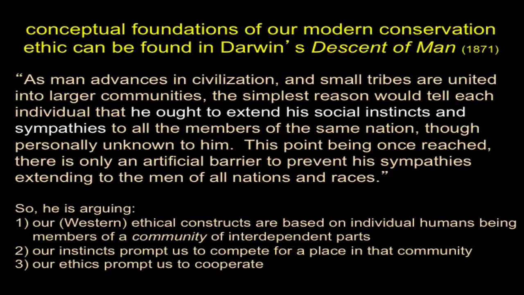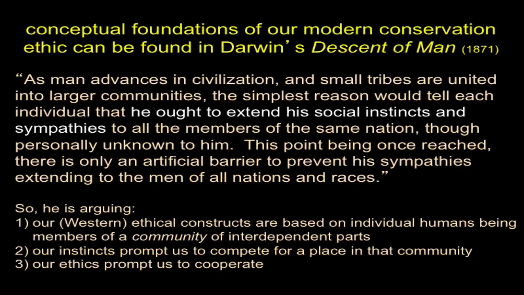But here's where Darwin says, as man advances in civilization and small tribes are united into larger communities, the simplest reason would tell each individual that he, because of course we're only talking to dudes, back in the day, so he ought to extend his social instincts and sympathies to all the members of the same nation, though personally unknown to him. This point being once reached, there is only an artificial barrier to prevent his sympathies extending beyond to the men of all nations and races.